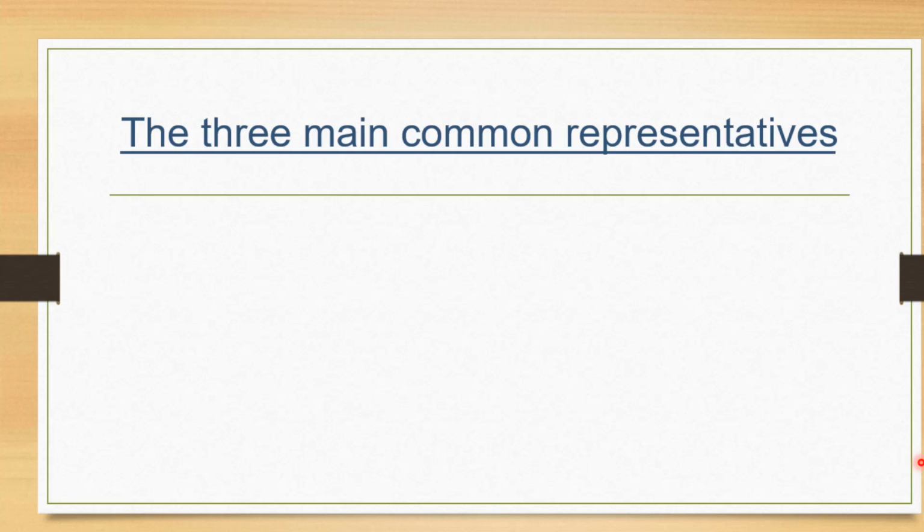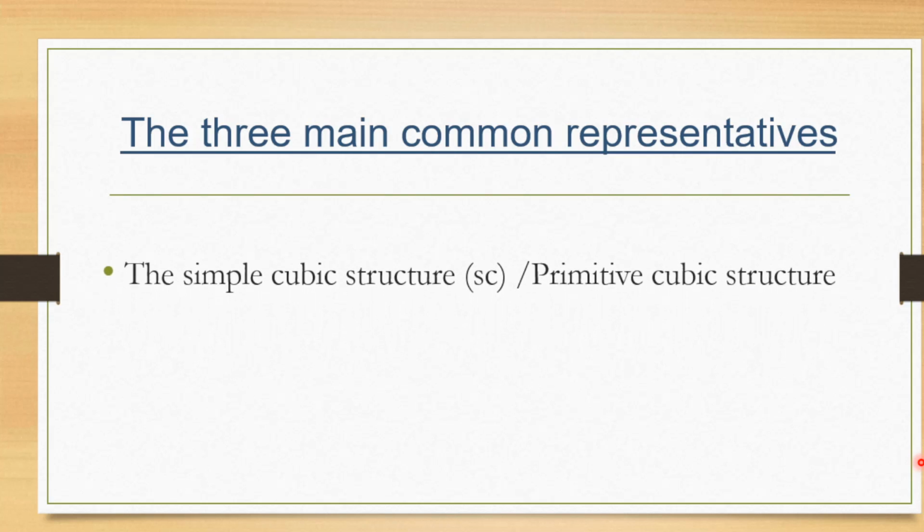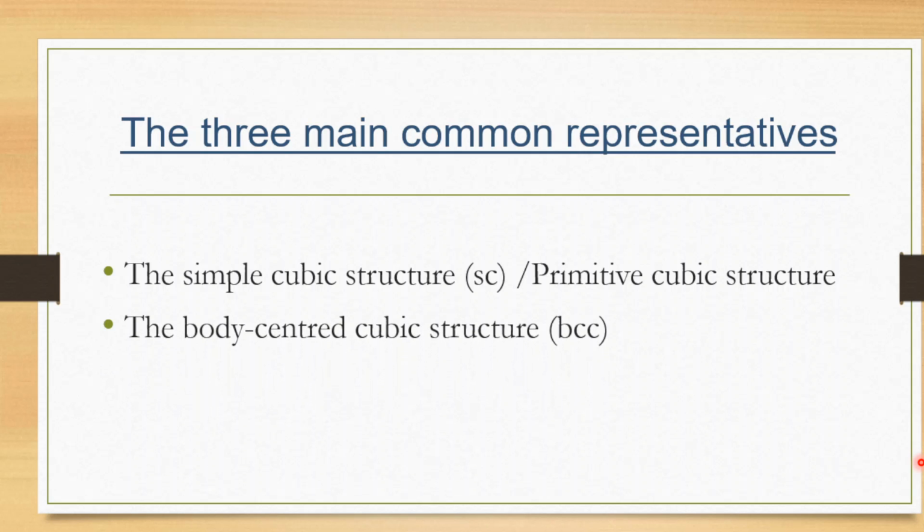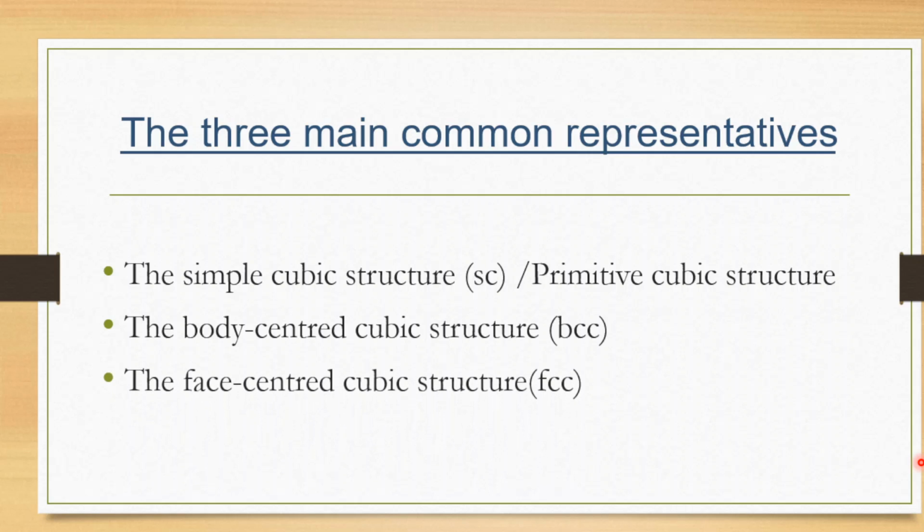First one is the simple cubic structure or primitive cubic structure. This is the simplest form of cubic structure. Next one, the body-centered cubic structure or BCC. Third one, the face-centered cubic structure or FCC.